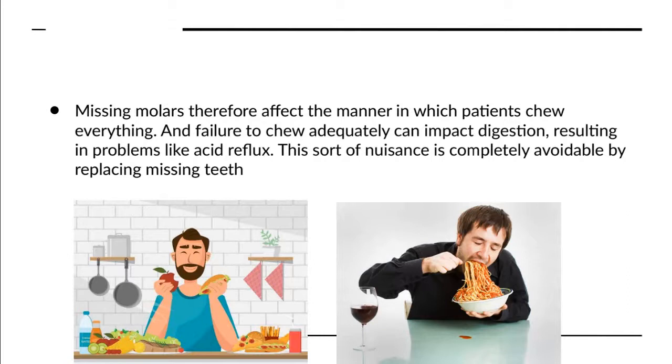So missing molars affect the manner in which patients chew everything. Any failure to chew adequately can impact digestion. Missing molars will have a serious effect on digestion, resulting in problems like acid reflux. So this sort of problem is completely avoidable by replacing missing teeth.